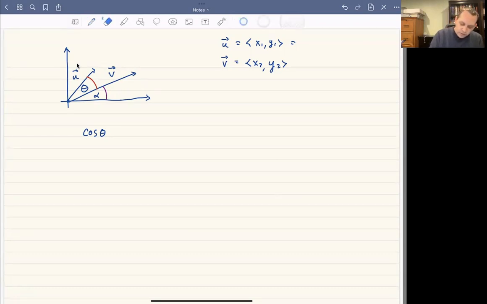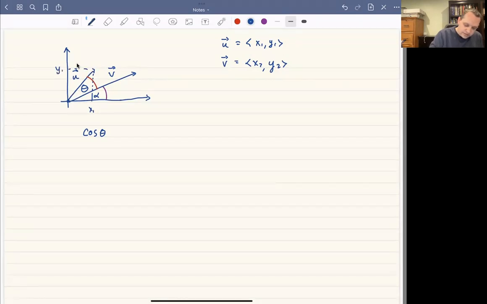So we're going to draw a few triangles, like I said. I'm going to take the vector u, and if I draw a perpendicular line from the tip of the vector u down to the x-axis, I get x1. If I do it over here, I get y1.